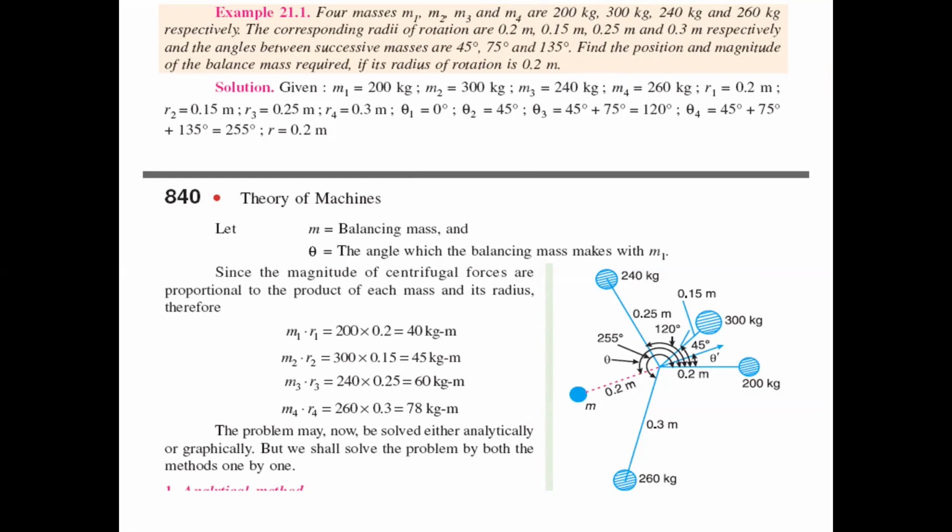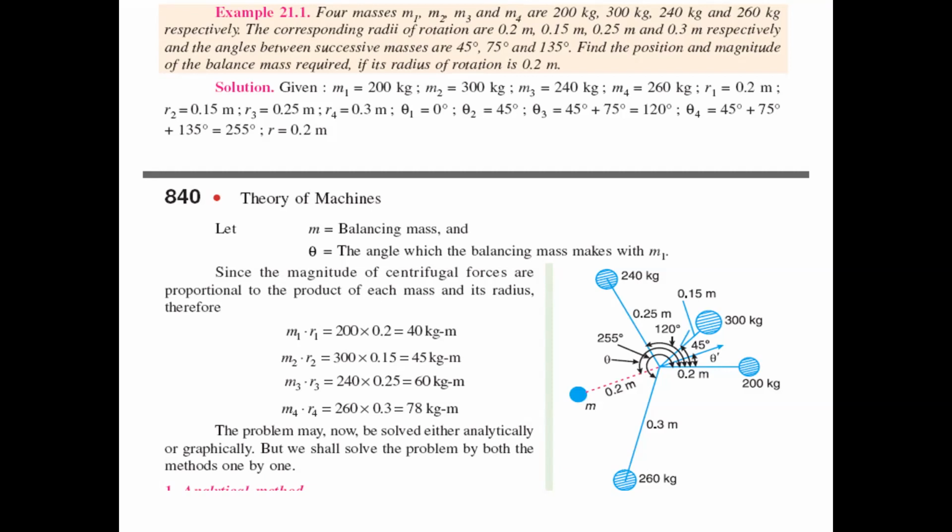Now, from the problem description, you write the given values m1, m2, m3, m4, and r1, r2, r3, r4, and theta 1 and theta 2. What angles are given? Those are the angles between the successive masses, that means from one mass to another mass. Here we have four masses but only three angles are given.